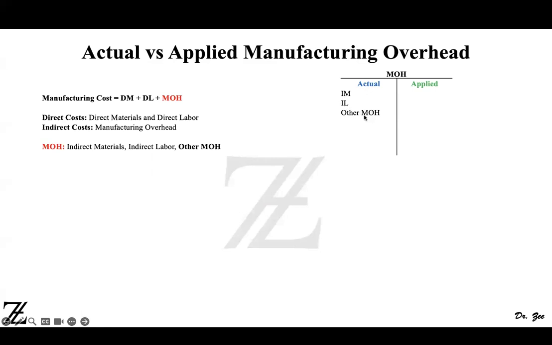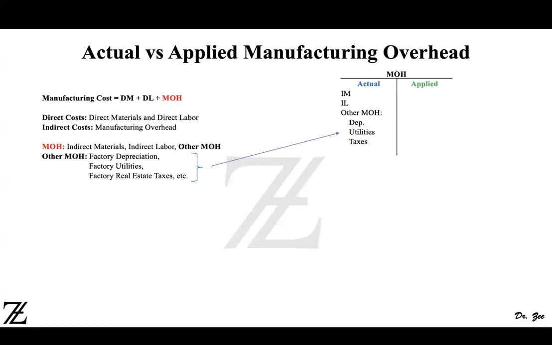And other manufacturing overhead includes depreciation on the factory building, utilities on the factory building, and the real estate taxes, and some other items that are not direct material or direct labor, or indirect material or indirect labor, and they end up in the other manufacturing overhead account. So this is the actual side. The left-hand side is the actual side of the MOH account, right?